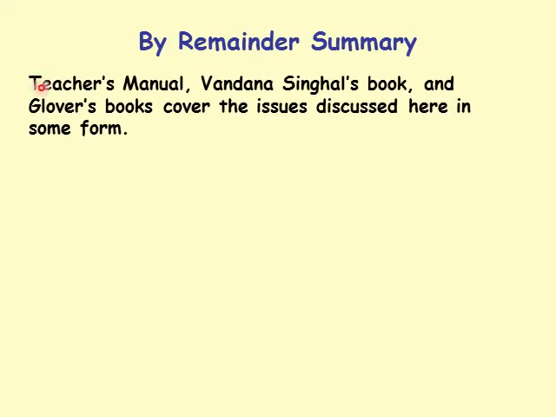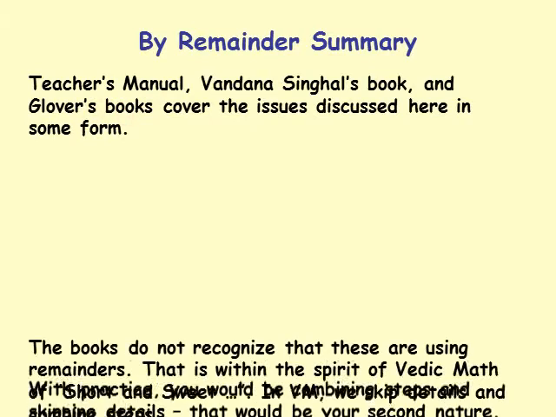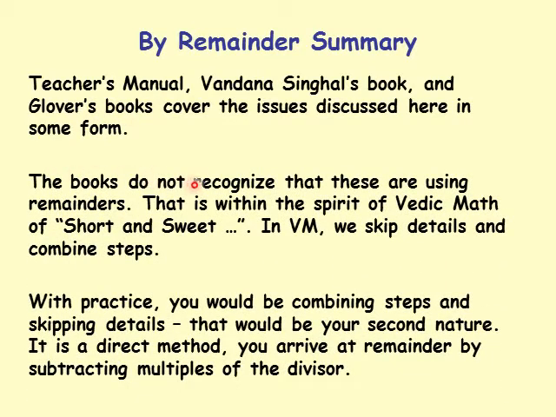Now a summary. We're going to summarize the by-remainder method. In the teacher's manual, Vanna Singhal's book and Grover's book cover the issues discussed here in some form or other. The books do not recognize that these are using remainders, and that is within the spirit of Vedic math, which is short and sweet one-line mental solutions.